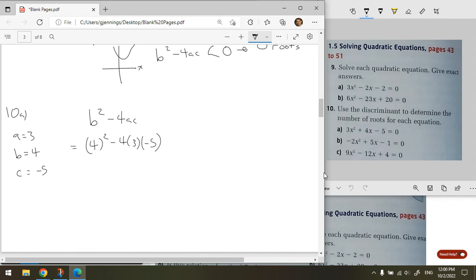So that's equal to 16. Minus 4 times minus 5 is positive 20. 20 times 3 is 60, so 16 plus 60. This is equal to 76. 76 is bigger than 0. Therefore, 10a has two roots.